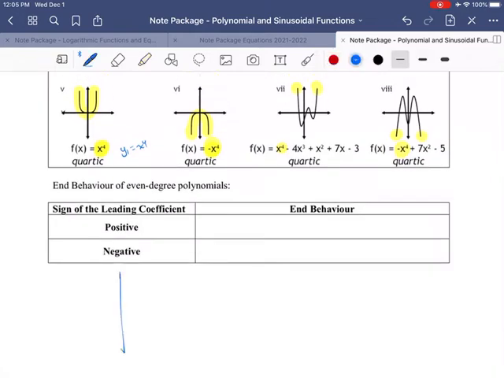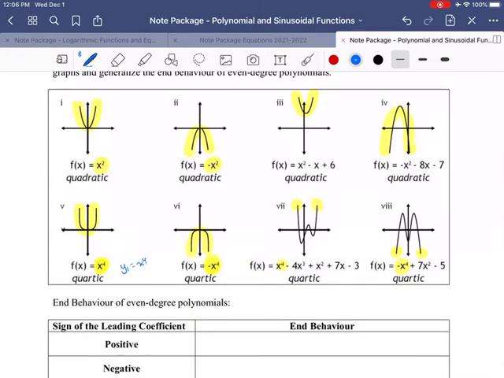So let's think about some end behavior. And one thing to note, this is quadrant 1, quadrant 2, quadrant 3, and quadrant 4. So you need to know the sign of the leading coefficient. So let's look at our positive leading coefficients. So which ones are the positive leading coefficients? I'll highlight them in yellow. So this is a positive leading coefficient. This is a positive leading coefficient. This is a positive leading coefficient. And this is a positive leading coefficient. So let's look at the endpoints.